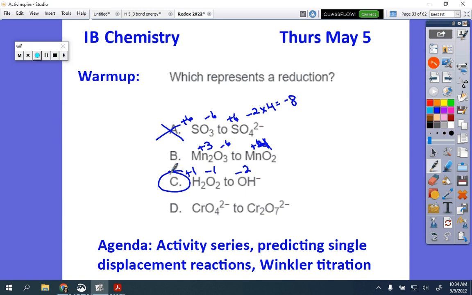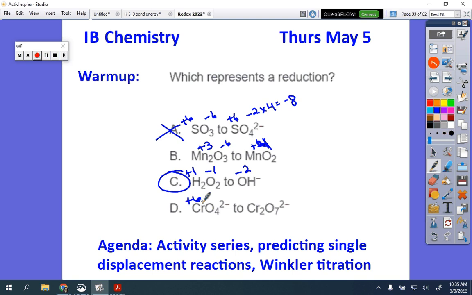Down here, we can go through this if you want. Our chromium here is the thing that could potentially be oxidized or reduced. We've got 4 oxygens here, so that's -8, except we have an overall -2 charge on the ion, so that makes this a +6.